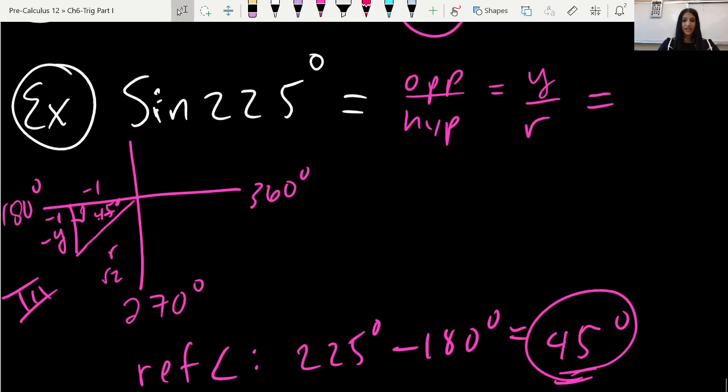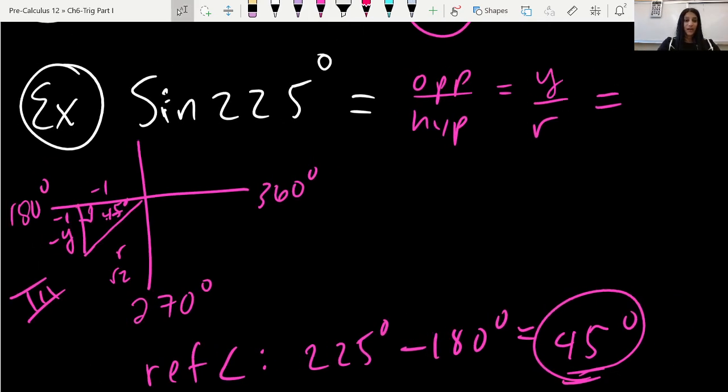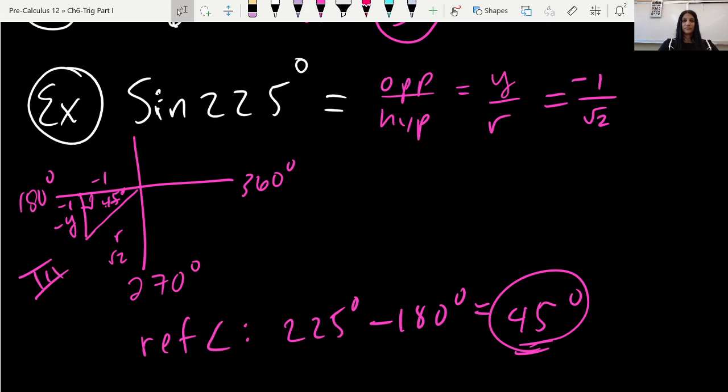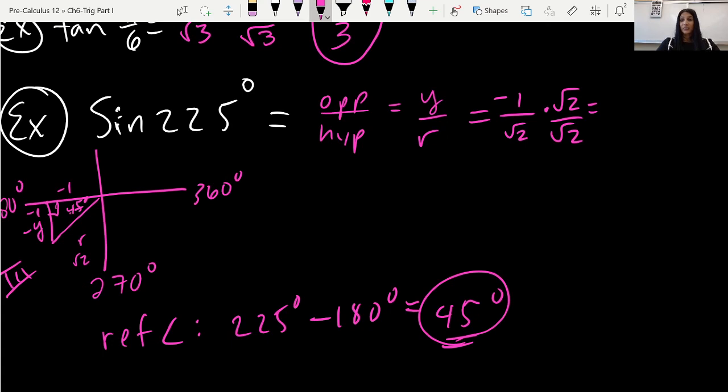So when I go to do the sine of this, my y value would be negative, so it would be negative 1, because I know that my y value there is -1, over the radius, which would be root 2. That would be our answer, but I would do root 2 over root 2 to rationalize the denominator. That would be like saying negative root 2 over 2.